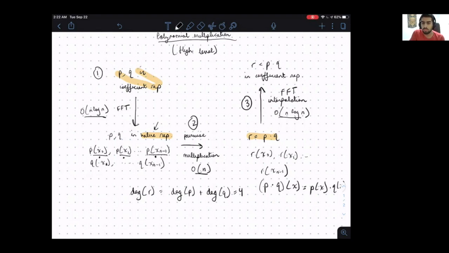We like to think of polynomials in terms of coefficients and their corresponding terms that the coefficients are multiplied to. So that's the third step, which is interpolating back to the coefficient representation of the multiplied polynomial, and then we're done.